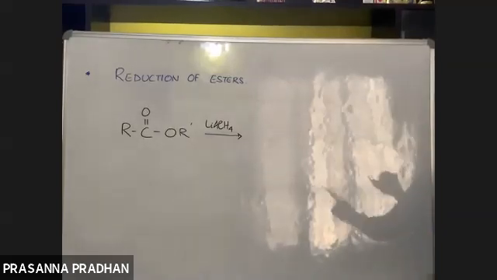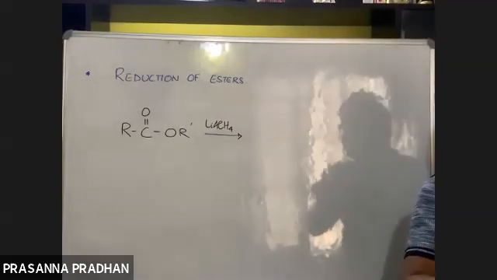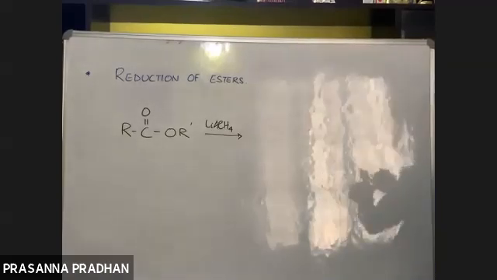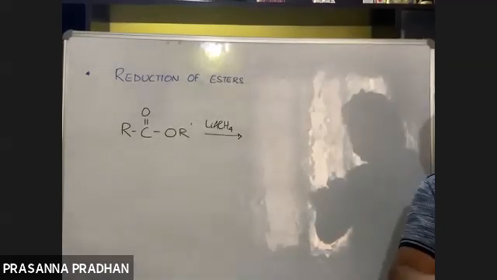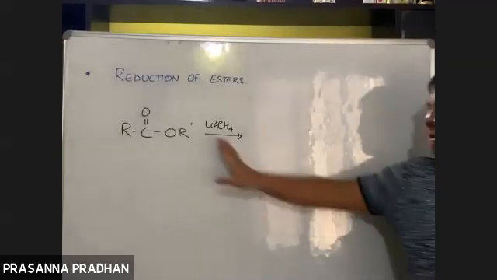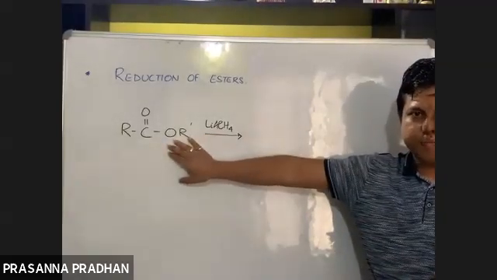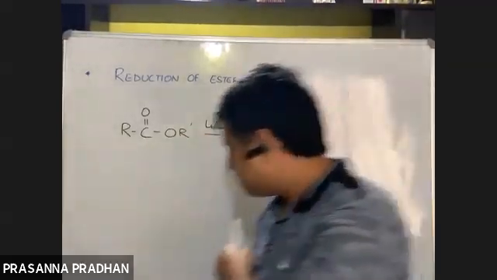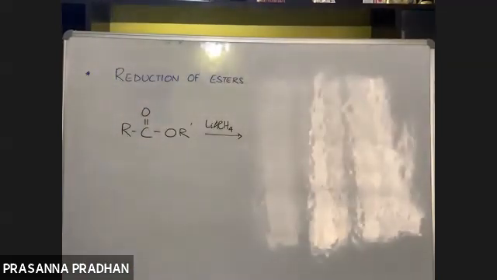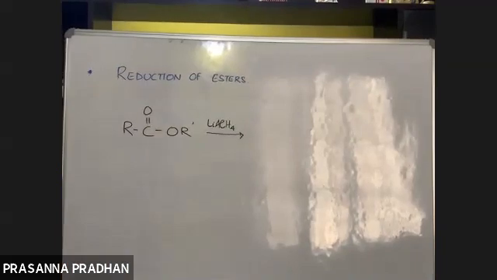It reduces ketone, aldehyde and acid chloride, but sodium borohydride will not reduce this ester part. Got it? Now, how are the esters reduced and what are the products we need to know?